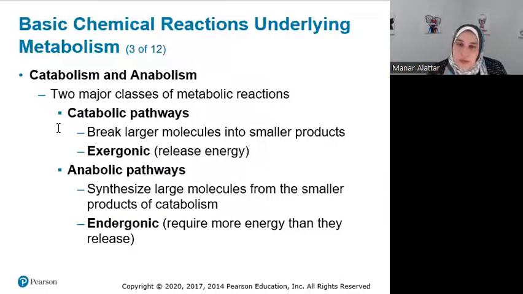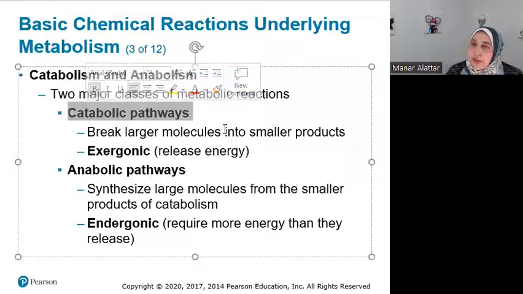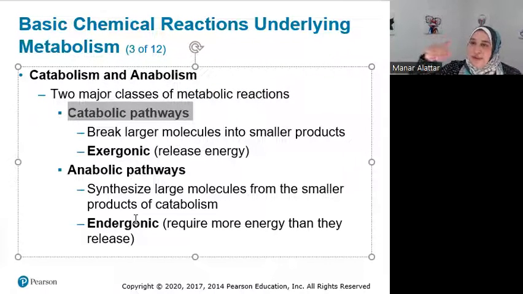Okay, so we've already introduced the idea of catabolic and anabolic pathways. Our catabolic pathways are the pathways that allow us to take usually nutrients or food that we're ingesting and break it down into components that can then be built up or synthesized. And that's kind of a cycle, right? And that can be a cycle within the community.